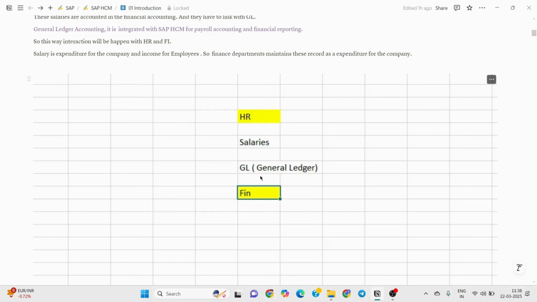That is general ledger accounting. So through this interface, HR and finance departments are interlinked with each other to share the payroll and salary related data and financial data with each other.